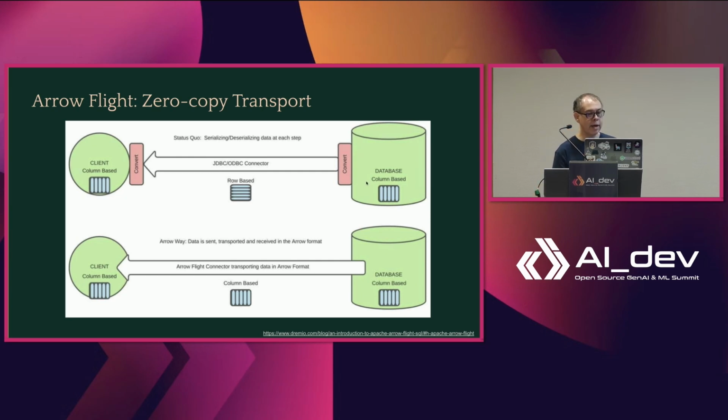At the top, you have a standard conversion with JDBC, like how you would connect to fetch the data using JDBC, and there's a conversion step there. With Arrow Flight, there's no conversion, so it's zero copy, more efficient and more direct.